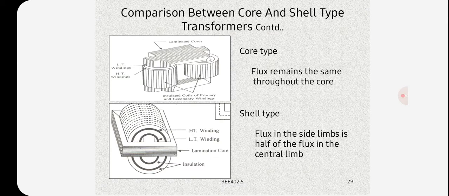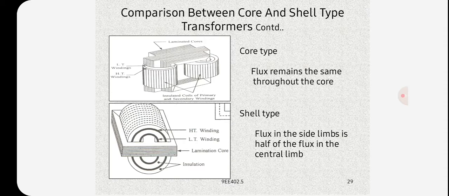In core type, the flux is the same throughout the core. In shell type, the flux in the side limbs is half of the flux in the central limb.